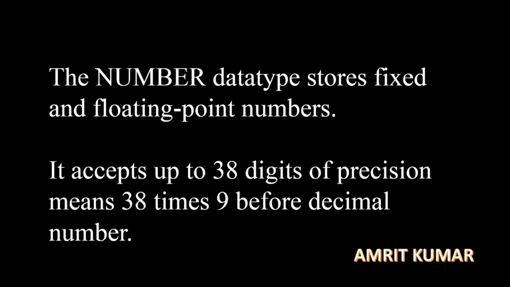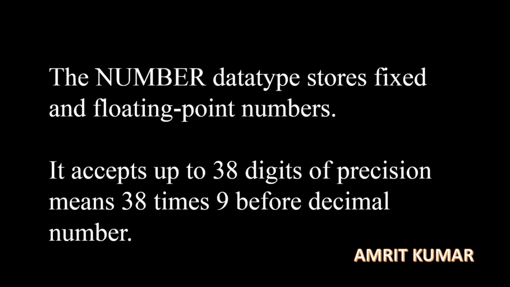So it accepts up to 38 digits of precision. Now this is the important concept to understand, that it can accept up to 38 digits of precision. What is the meaning of precision here? I think you might not be getting that, because you don't know anything about this.